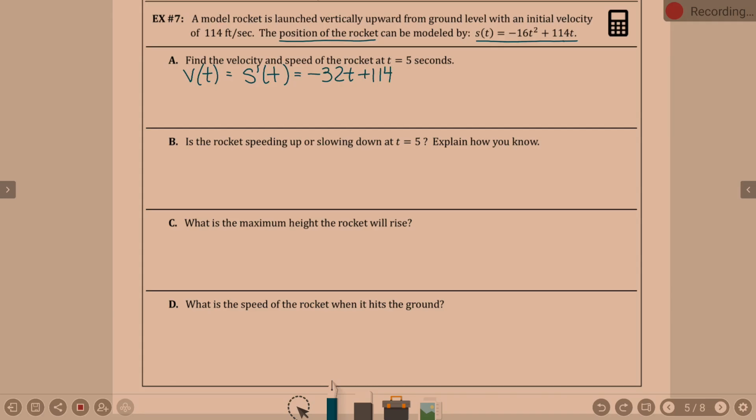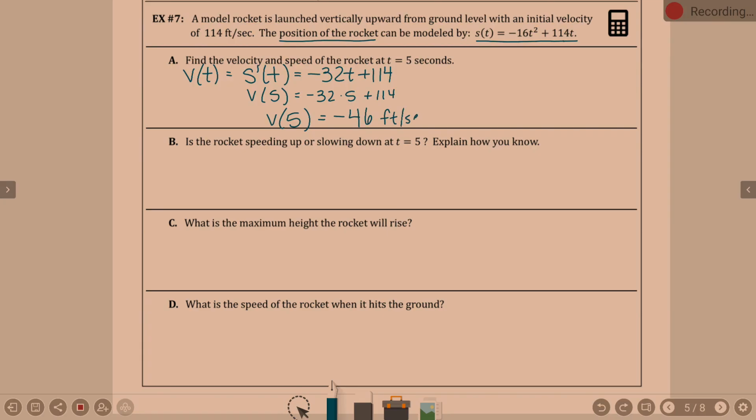Now, if they want the velocity at 5, then that is just plugging 5 in. So negative 32 times 5 plus 114. And we end up with what? Negative 46 feet per second.